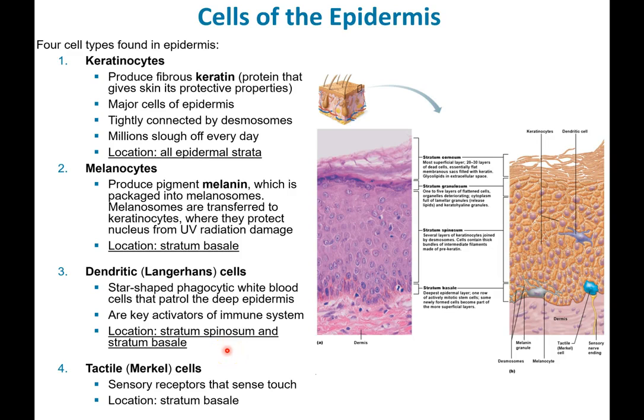As key activators of the immune system, dendritic cells engulf foreign invaders and present them to other white blood cells, thereby alarming our immune system and activating our immune response. Lastly, the fourth cell type is tactile or Merkel cells, which are sensory receptors that detect touch sensations. Tactile or Merkel cells can be found in the stratum basale.